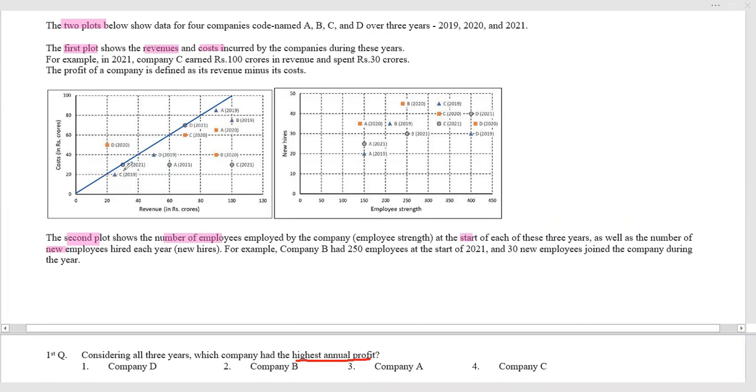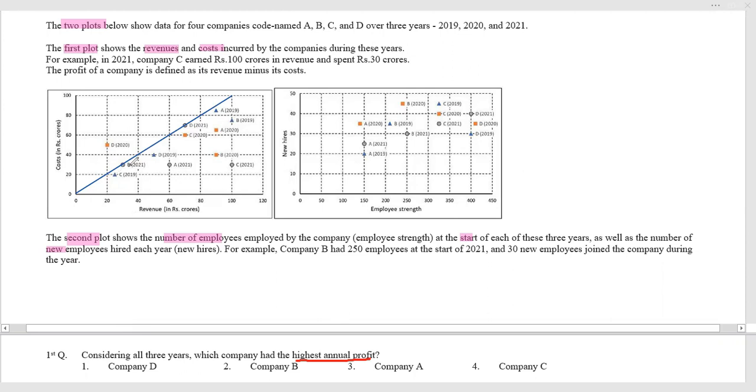That means no profit, no loss condition. To the right hand side of it, revenue will be high and cost will be low. On the left hand side of this line, cost will be high and revenue will be low. So as far as profit is concerned, the perpendicular distance from the line will give you the profit. So what I need to find out is which company had the highest annual profit.